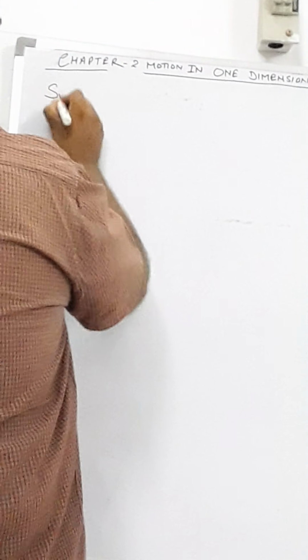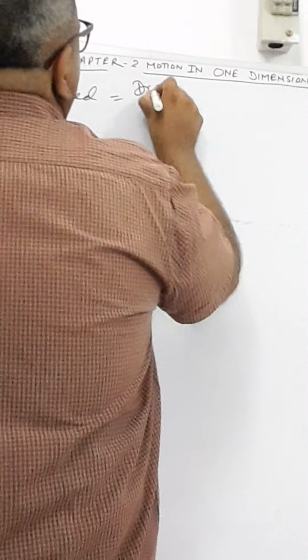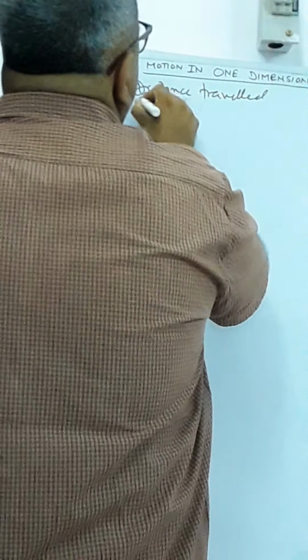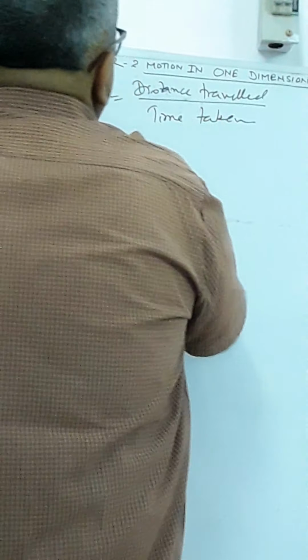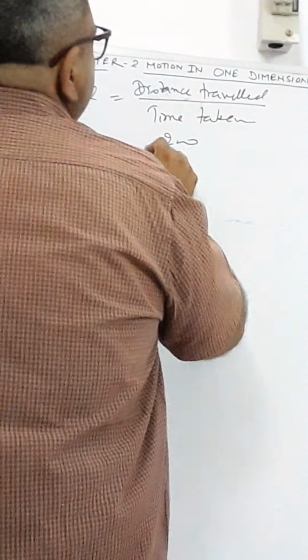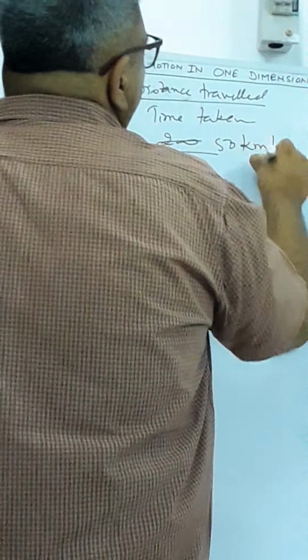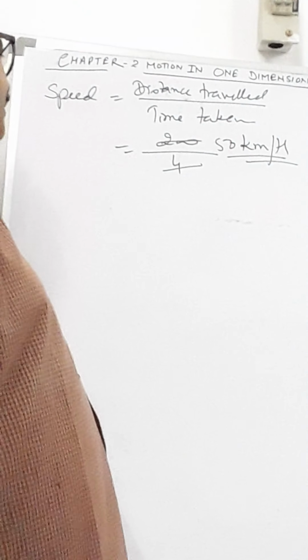Speed is equal to distance traveled upon time taken. From Agra to Delhi, 200 kilometers, 4 hours, 50 kilometer per hour. 50 kilometer per hour is the speed.